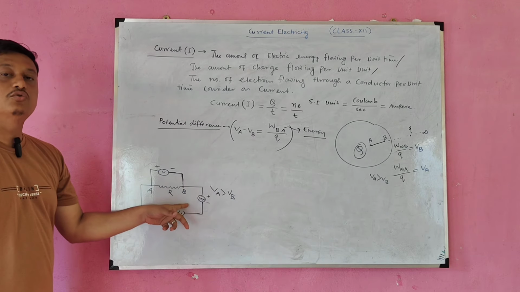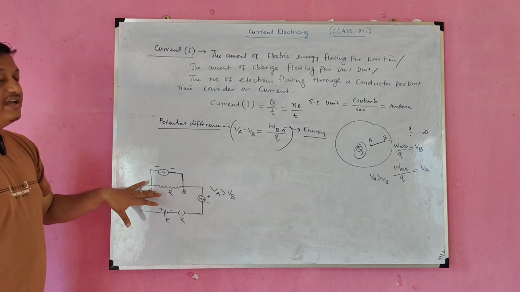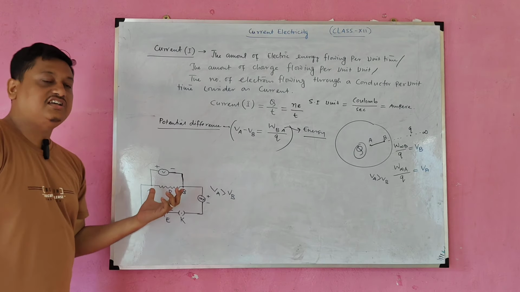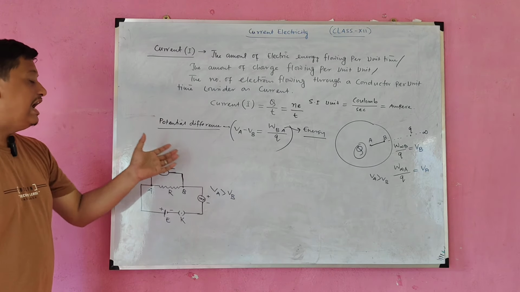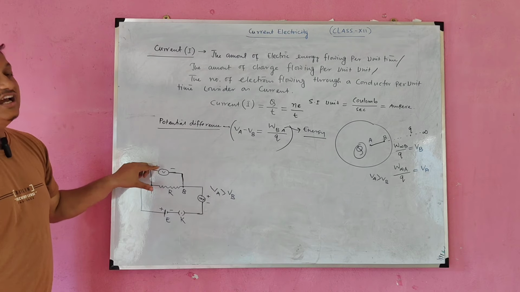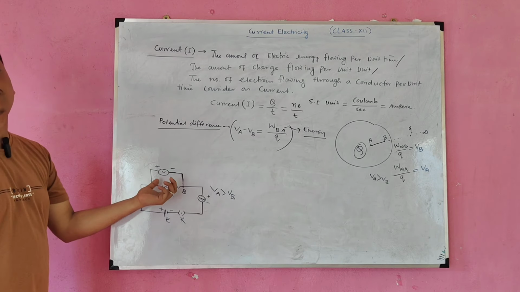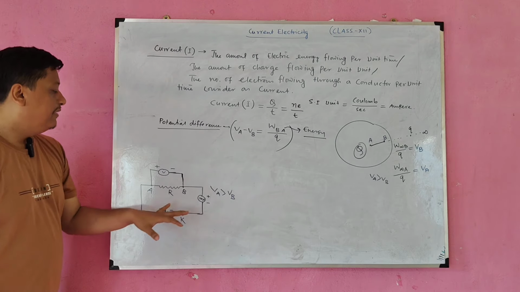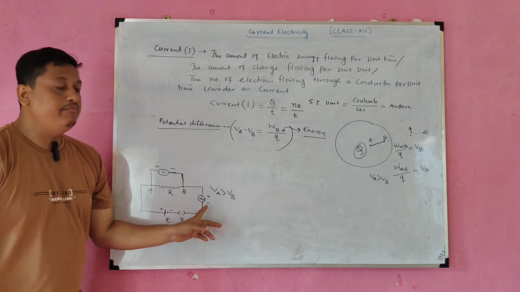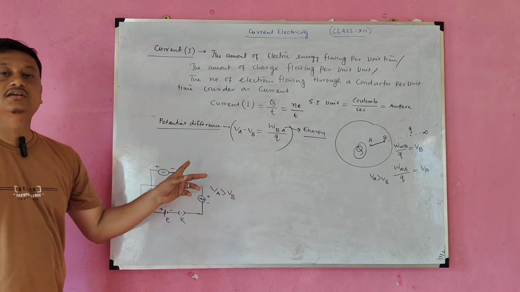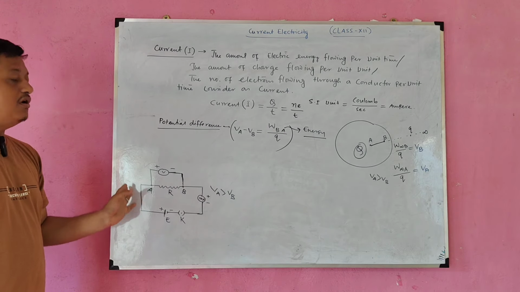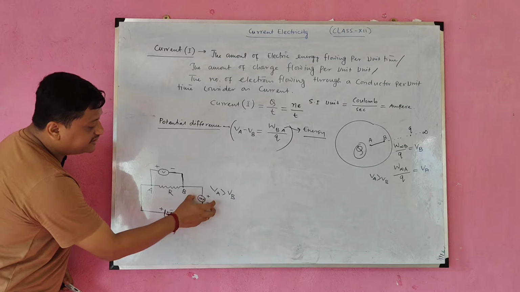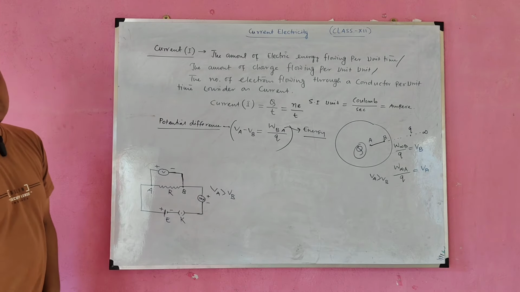Between this conductor AB, across the 2 positions A and B, we have to connect this voltmeter. But an ammeter is always connected where? In series, because the current flowing throughout the whole circuit is measured by this ammeter. So what does an ammeter measure?